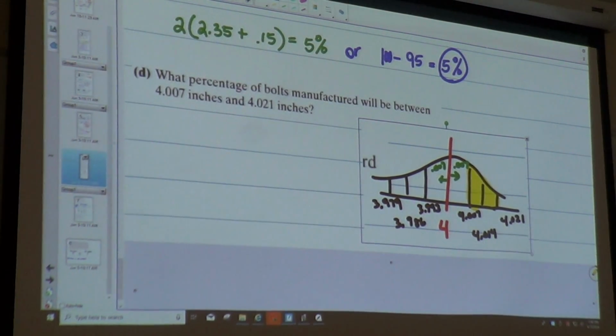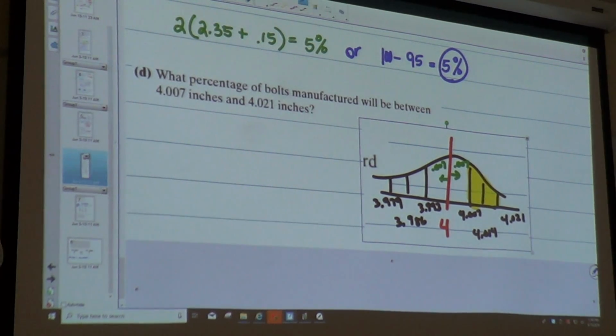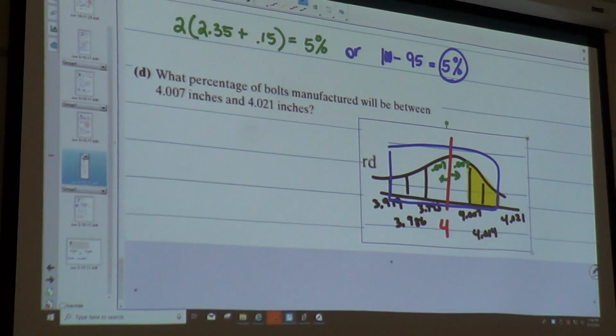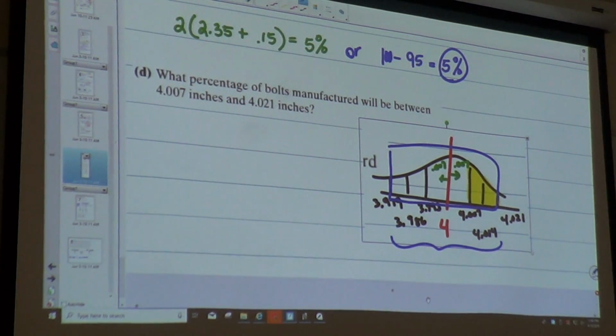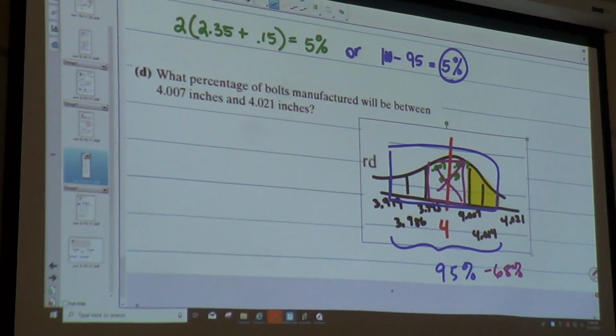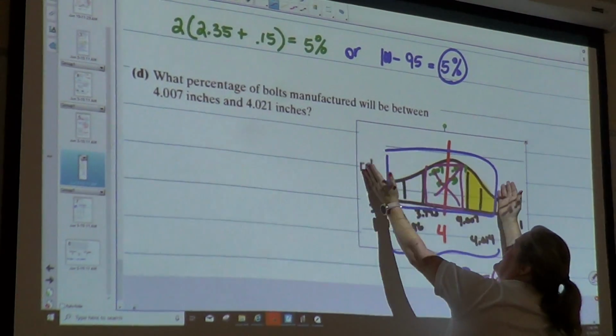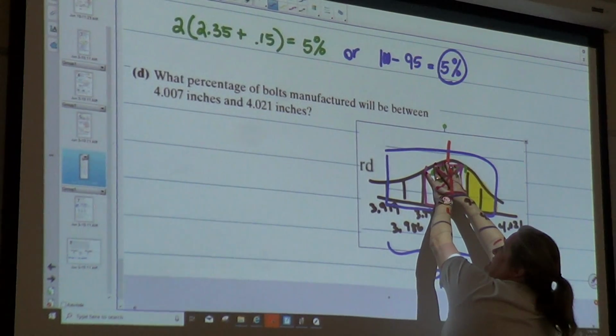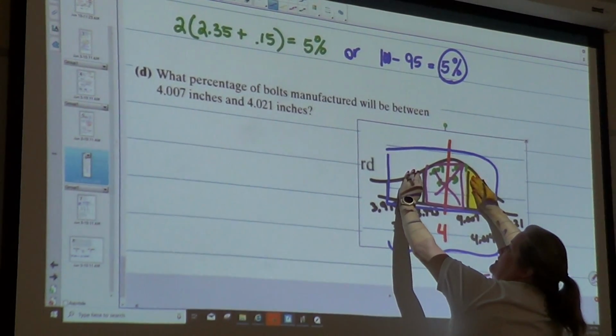And they kind of overlap. So what I did is I said we have a three jumper, which is 95%. You with me? And then this one jumper, I'm taking away. So if I do the 95% minus the 68%, that's going to leave me with both of these.